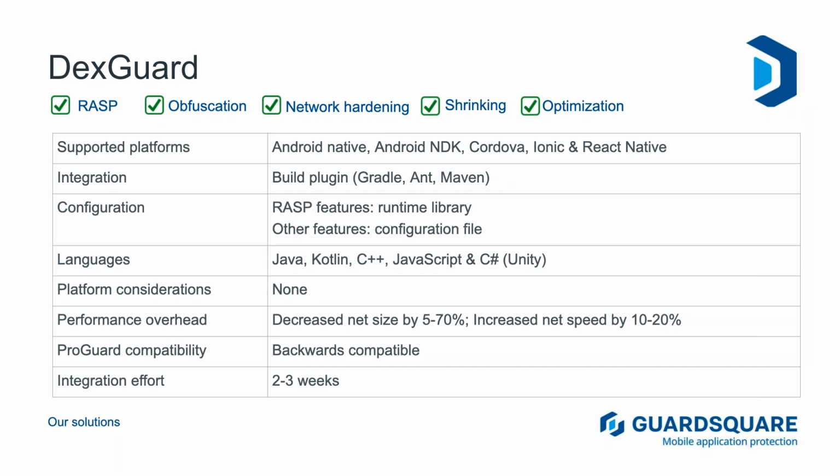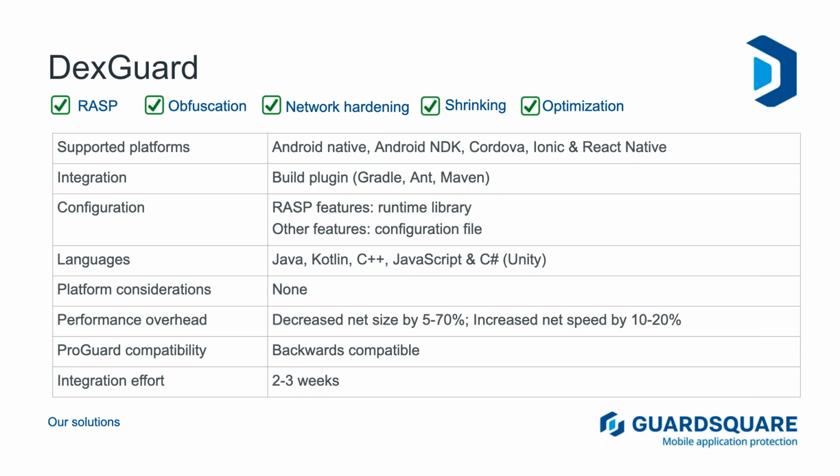It's also shipped with a RASP feature set to detect rooted devices and root hiding techniques. It can detect if your app has been tampered with or hooked and so on. DexGuard also offers you the possibility to implement SSL pinning, in order to harden the communication between your app and your backend.